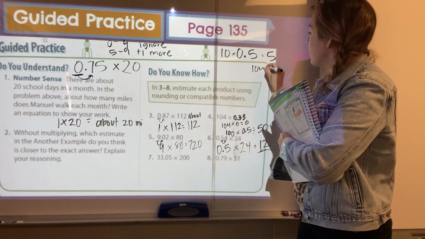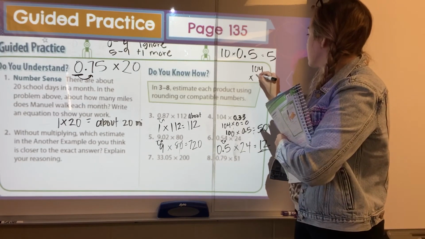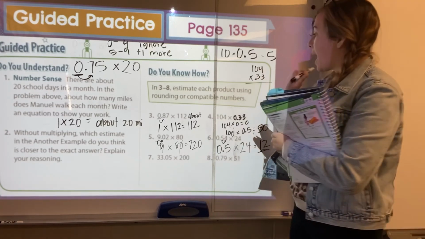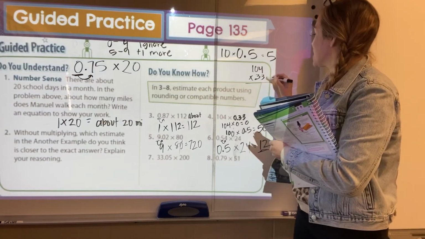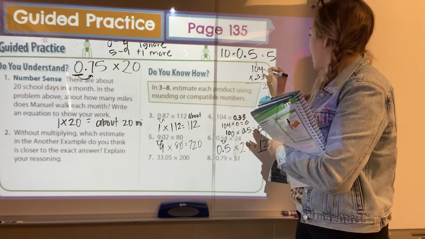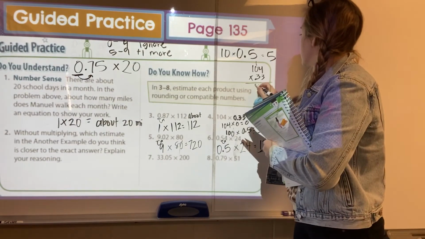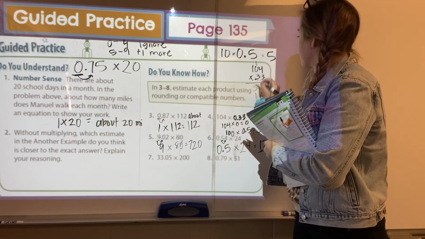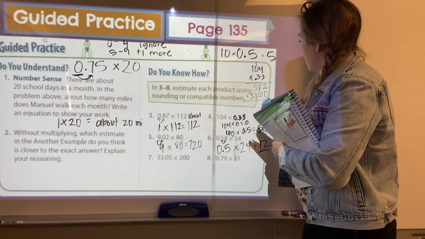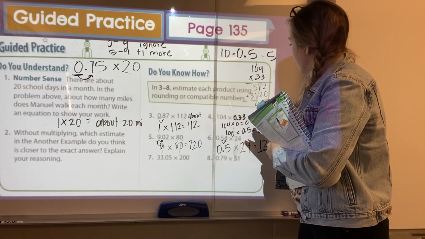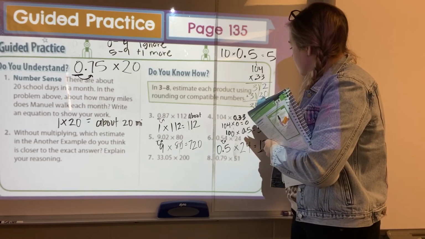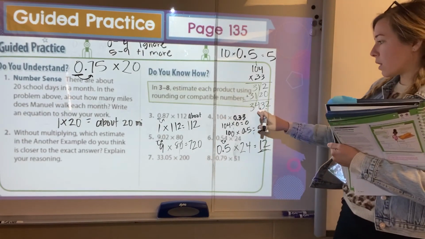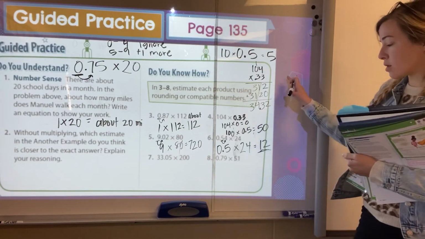So if I had 104 times 33 hundredths, I multiply it through like normal, and we'll get to this more later, but I just want to show you guys. So for this one, I have 34 and 32 hundredths for the actual answer.